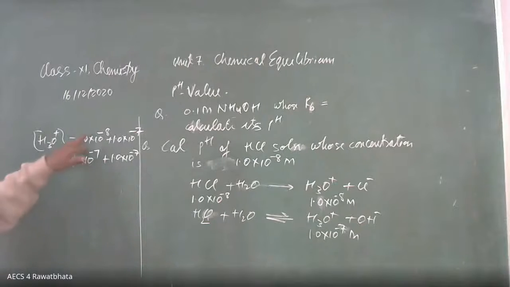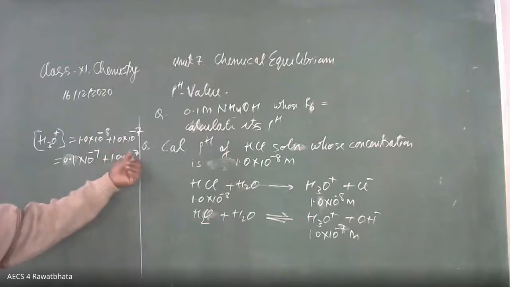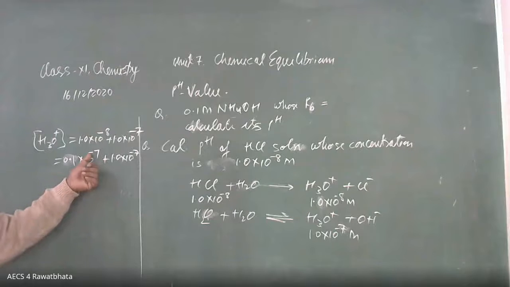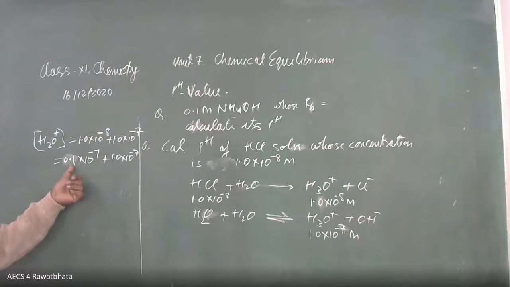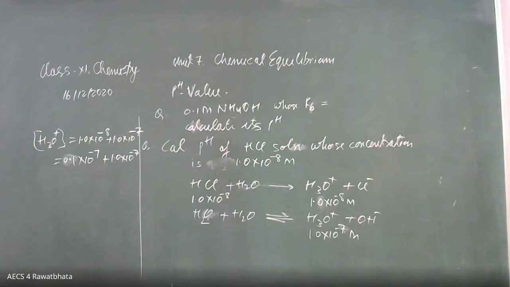Here the powers -8 and -7 we can't add, so we have to make the power equal. To make it -7, here 0.1, or we can make it -8 as well, then we have to shift the decimal. So this is equal to 1.1 × 10^-7 M. This is the hydronium ion concentration.